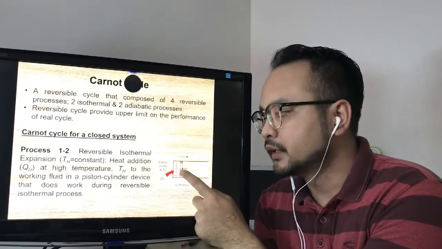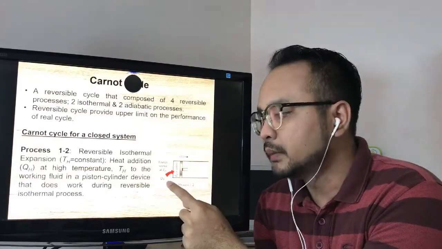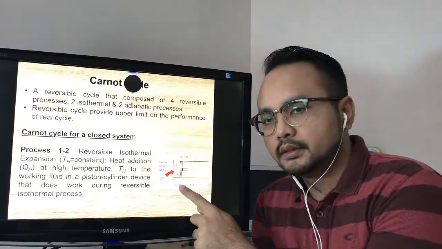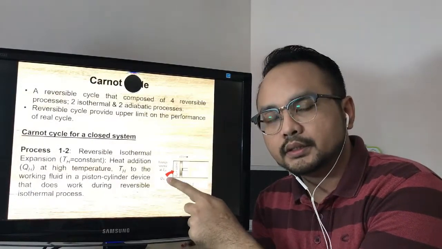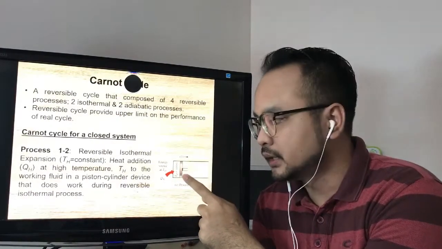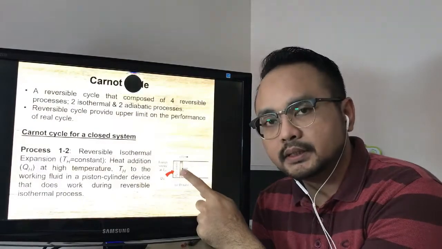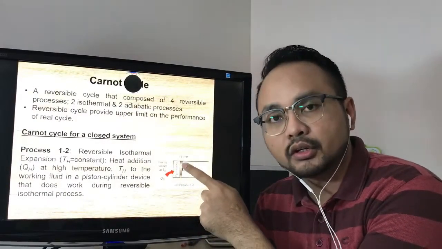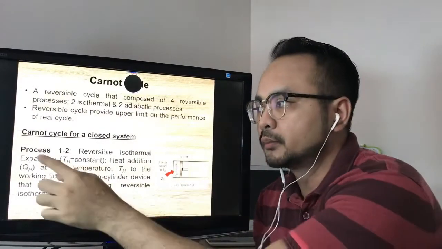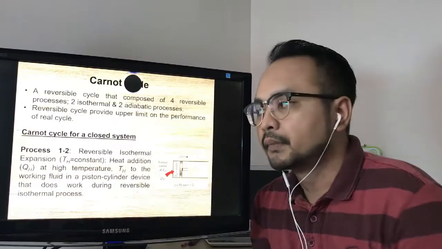The heat transferred into this piston cylinder we label as QH. At this stage, even though heat is channeled into this piston cylinder, the TH inside it is constant, it is not changing. That is why we call process 1 to 2 isothermal.